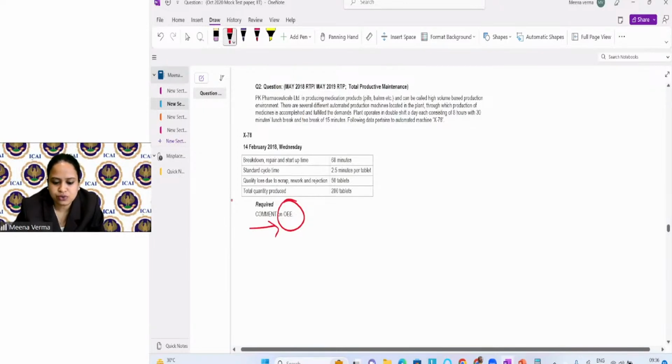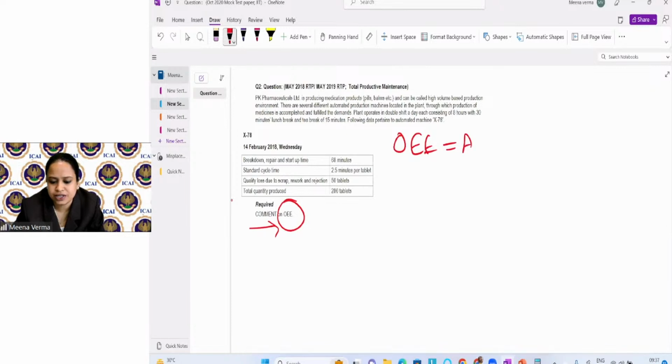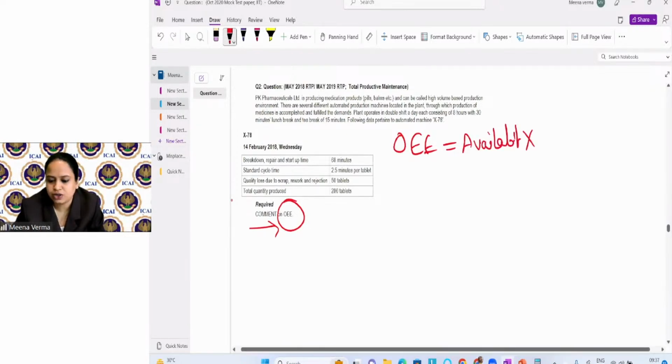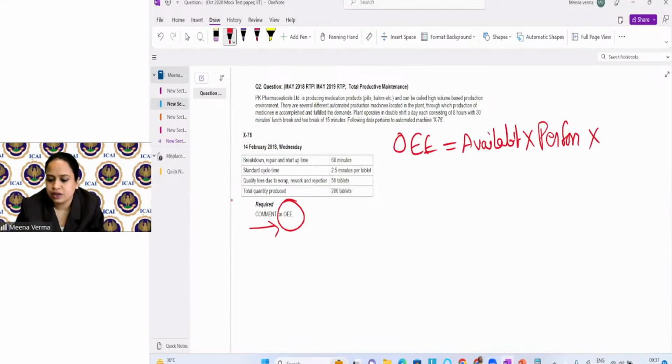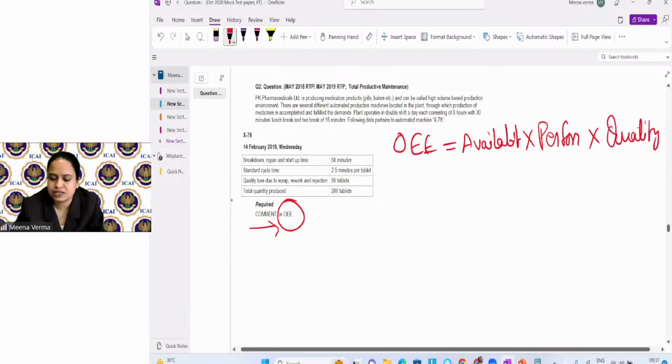We know that OEE is equal to availability into performance into quality.